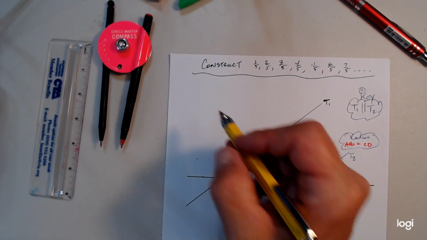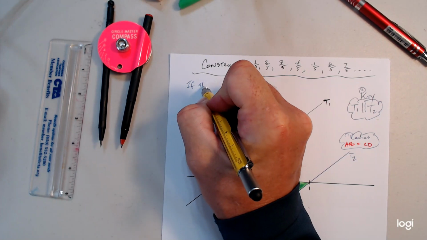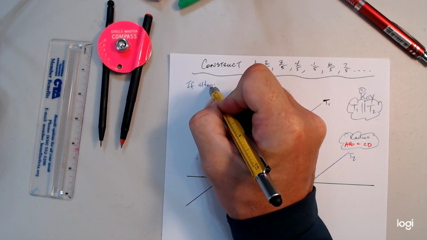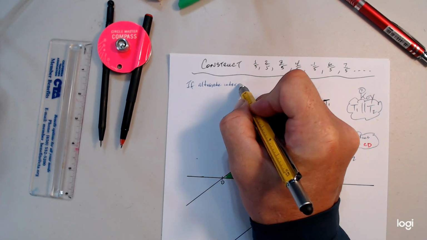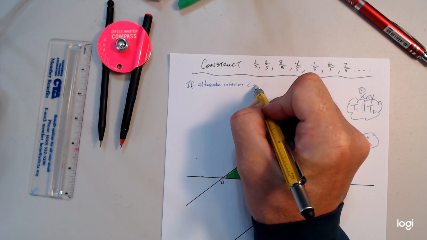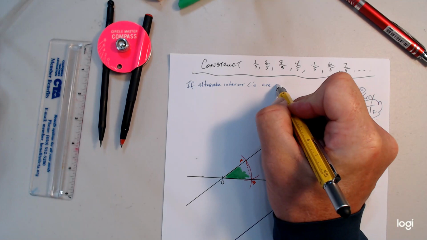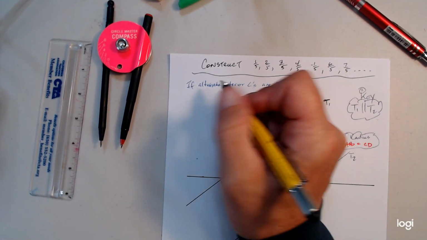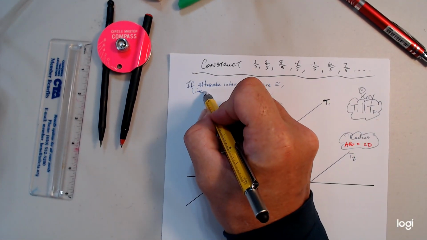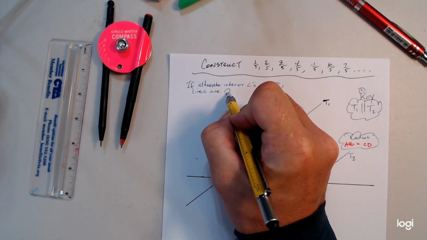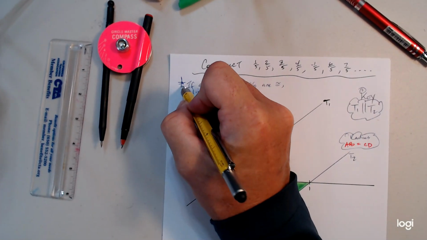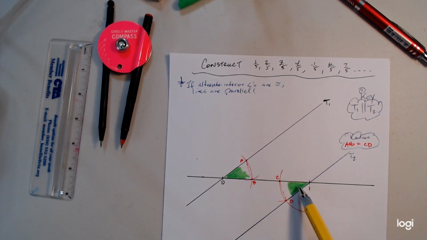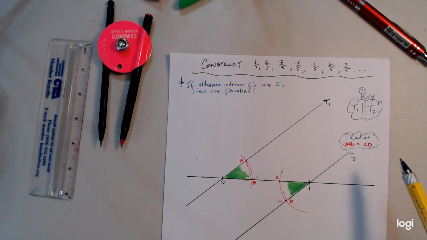And if the alternate interior angles are congruent, the lines are parallel. It's a theorem in geometry. Since I constructed congruent angles with the 4 arcs, T1 is parallel to T2, and now I'm ready to go.